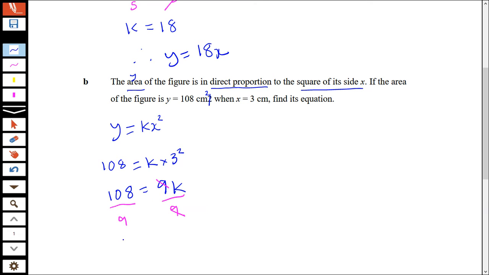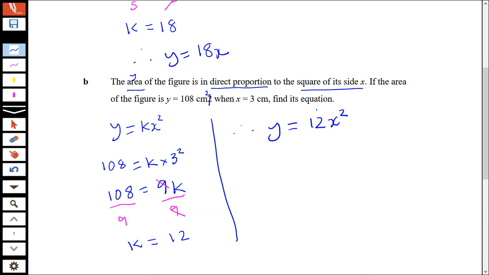And you'll get k is equal to 12. Okay, now the good thing is we can now update our equation. So that gives us y is equal to 12x squared.